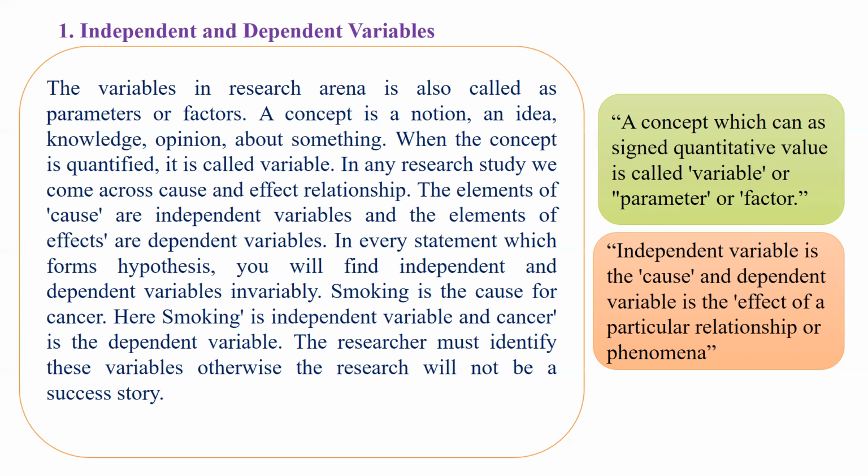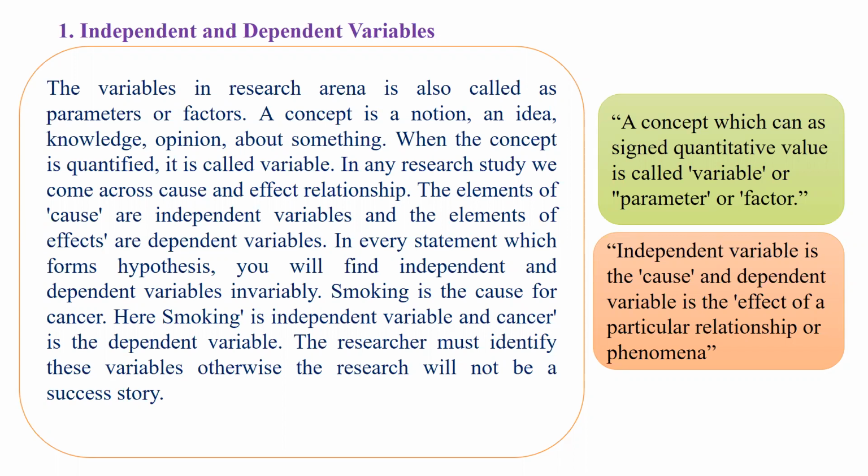One example given here: smoking is the cause of cancer. Here, smoking is the independent variable and cancer is the dependent variable. Smoking causes cancer. So the cause is known as the independent variable and the effect is known as the dependent variable. Researchers must identify these variables, otherwise the research will not be a success story.